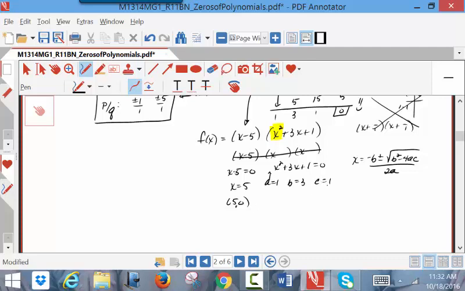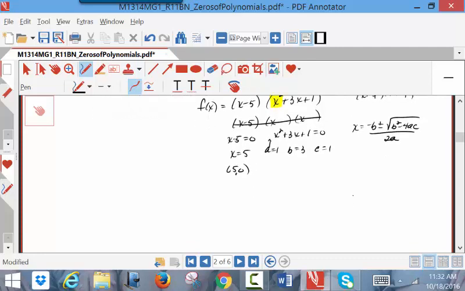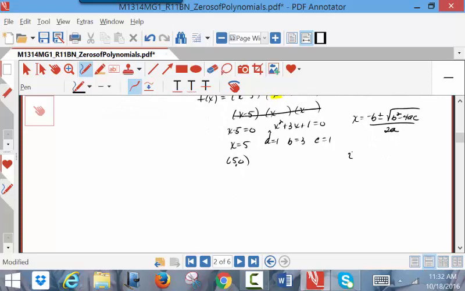Those are the coefficients of the x squared, the x, and the no x. So this becomes x equaling negative b plus minus the square root of b squared. Well, I just do the b squared in my head. 3 squared is 9. Minus 4 times a times c, all over 2 times a.